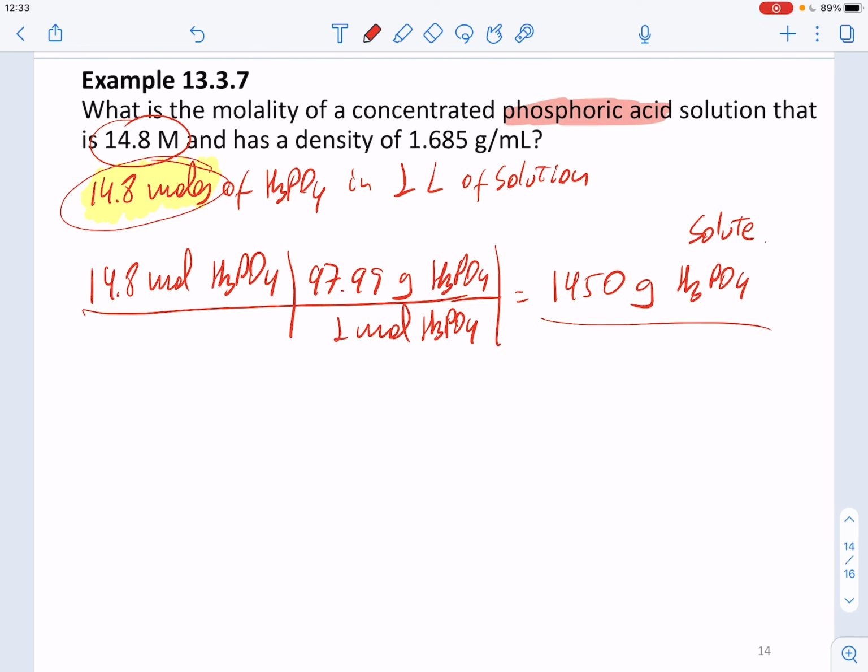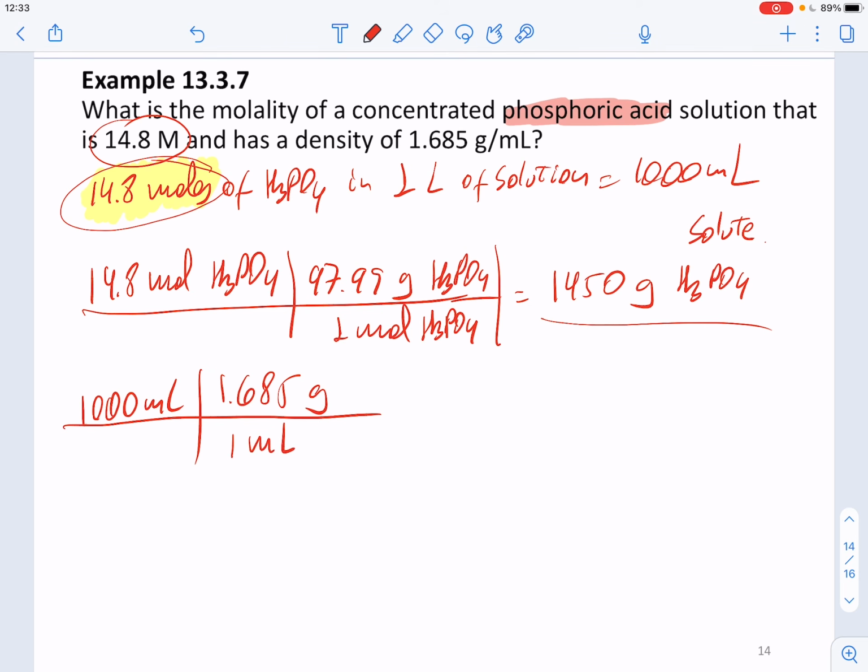If we take the volume of solution, which is equal to 1000 milliliters, then we can do 1000 milliliters times 1.685 grams per milliliter, which is the density of the solution. Now it's not the water, it's the density of the solution that you have here, and this is equal to 1685 grams of solution.